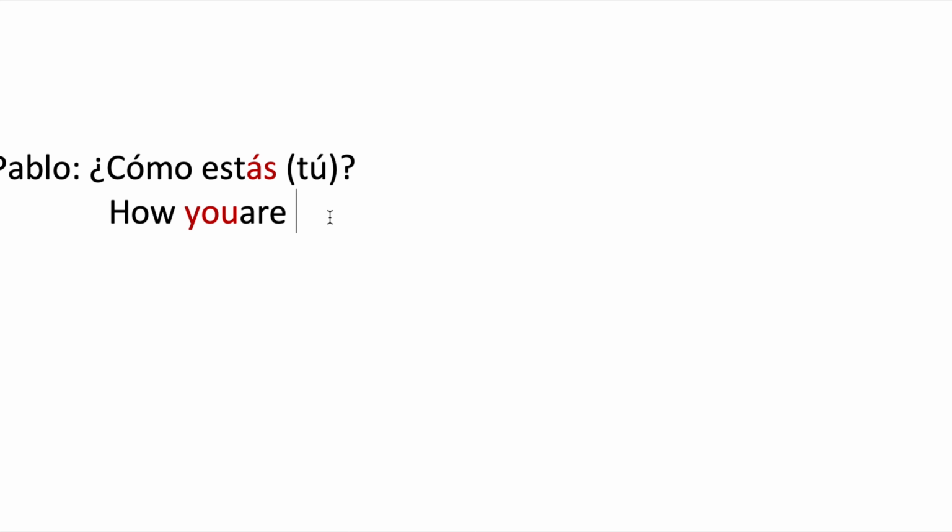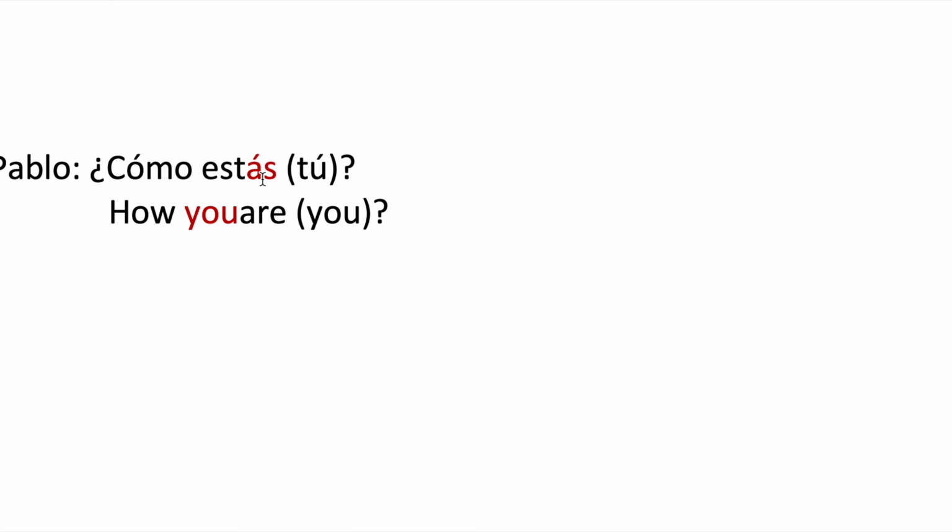And we have the tú form here, which is the pronoun, and that you can omit. You can leave out the tú because the as form already indicates that you're referring to them as you. But if you wanted to, you could grammatically use it. And sometimes it is used, for example, when you want to emphasize that you're referring to a specific person.